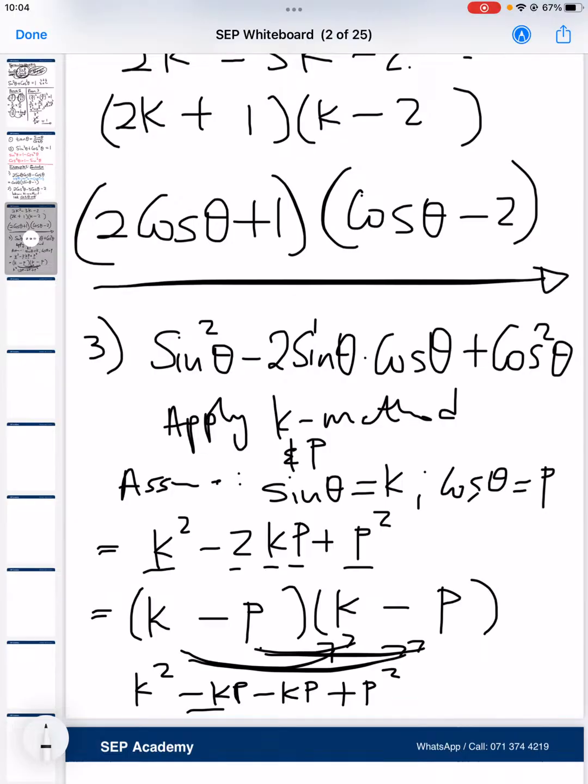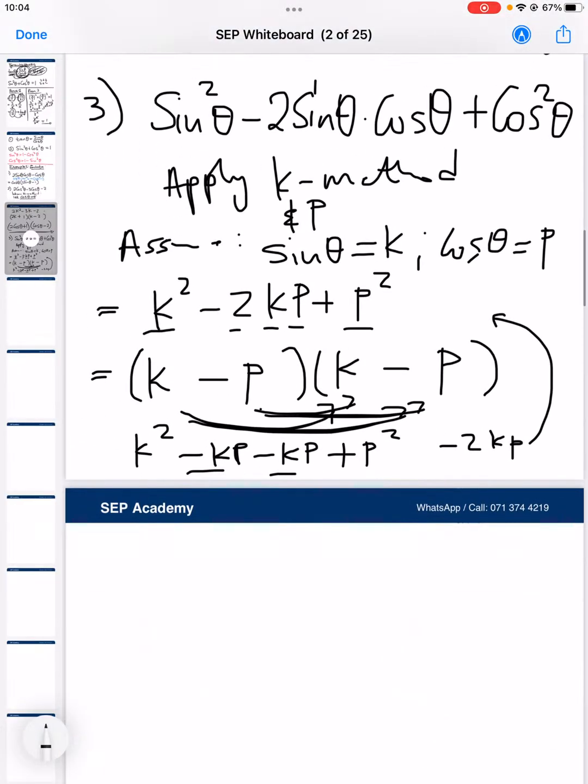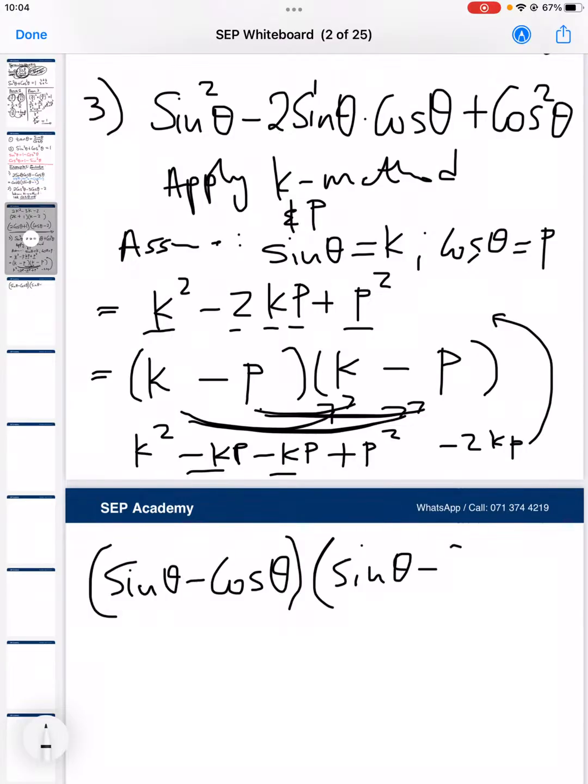Negative gives you negative 2KP. So it took you back to the original expression. Because you're using the K method, remember that you said K is sine and P is cos. So you have sine of an angle minus cos of an angle, again sine of an angle minus cos of an angle. That should be the end of it.